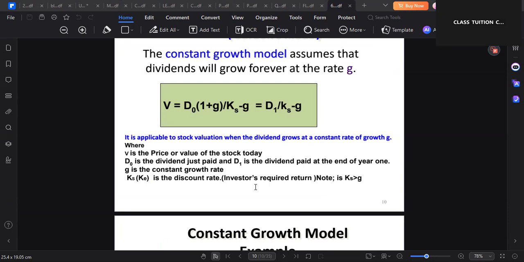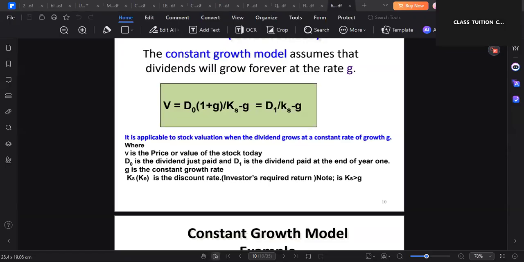The formula is the same as the one we had with preferred stock. The value under the constant growth model is D1 over K minus G. Now let me teach you something about dividends. You can use the future value formulas. Remember, future value is equal to present value times 1 plus growth.